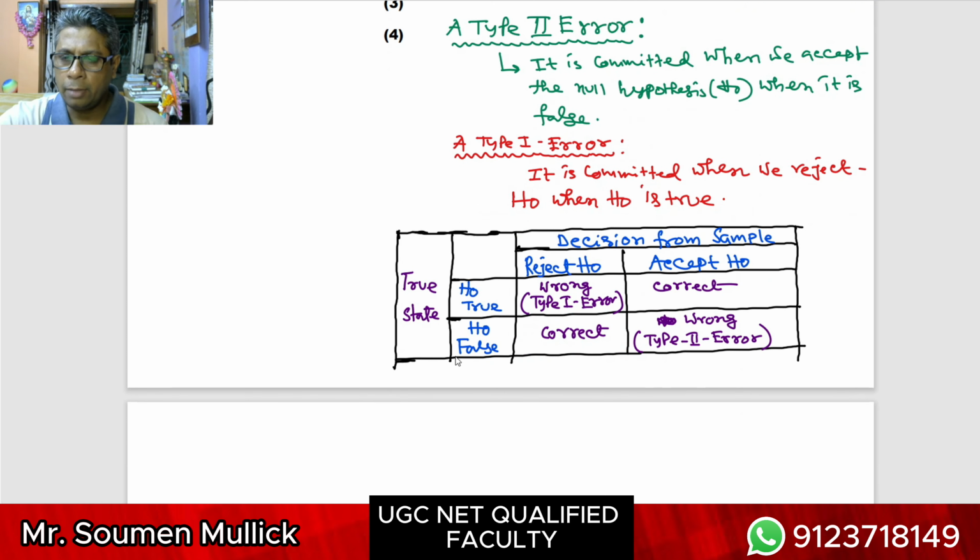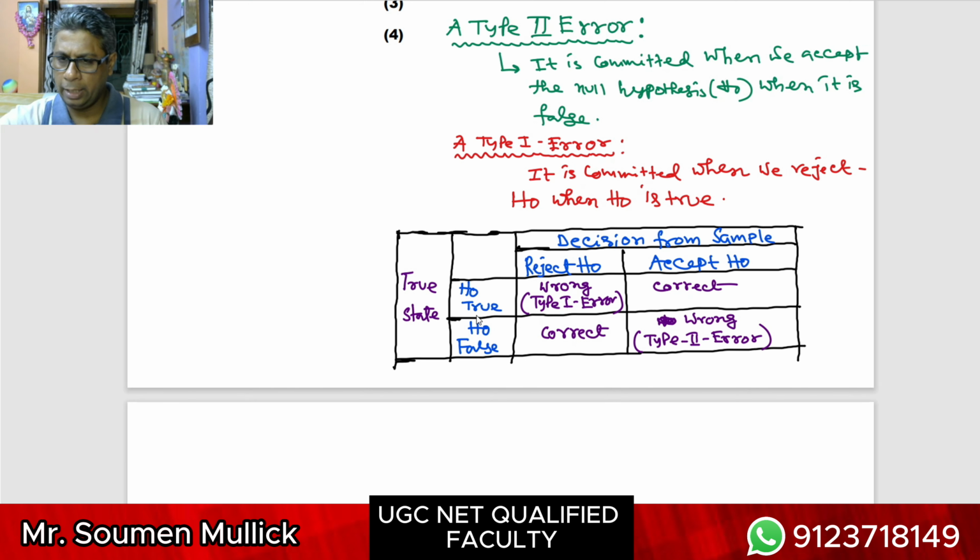So this is the chart. It is very easy to understand. True state: H0, the null hypothesis, is true. When the null hypothesis is true and we reject it, that is type 1 error. I repeat again, when null hypothesis H0 is true, we reject the null hypothesis, this is called type 1 error.